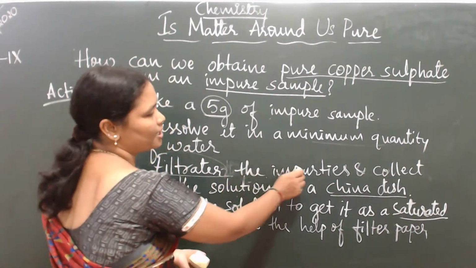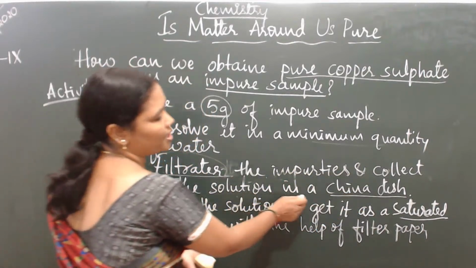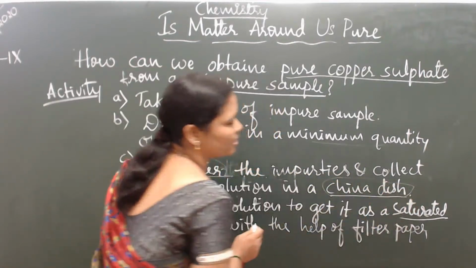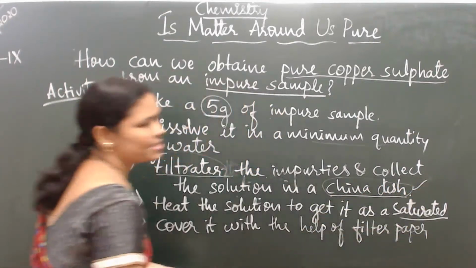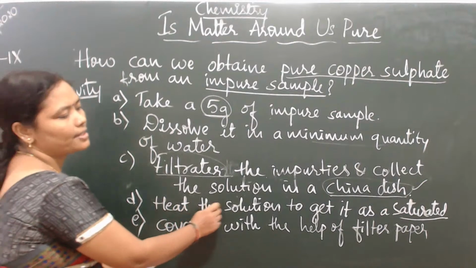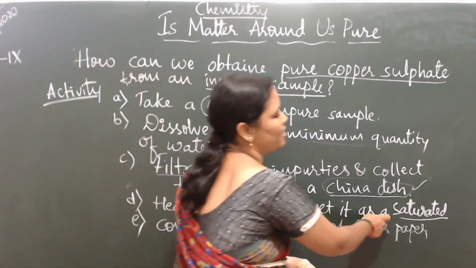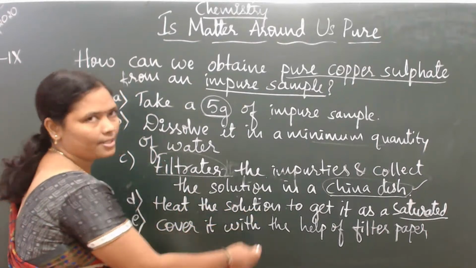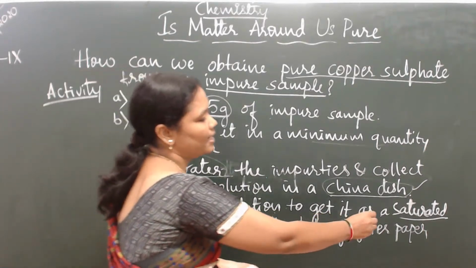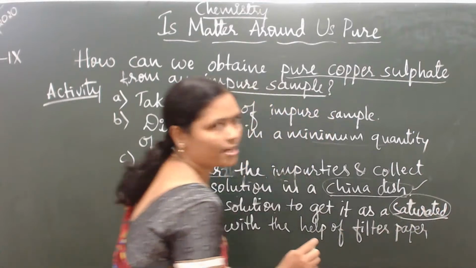We filter the impurities and collect the solution in a china dish. Whatever solution we get, we take in a china dish and heat it to get it in the saturated form.